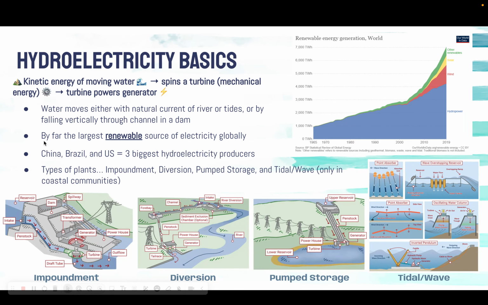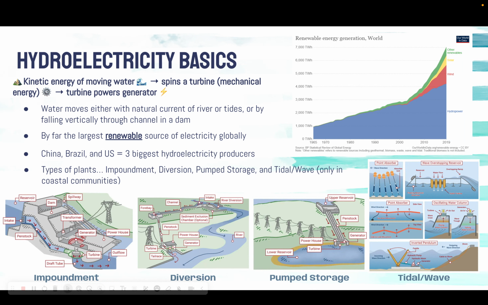But by far, it's the largest renewable source of electricity generation globally. And so we've invested a lot in engineering our hydroelectric power plants. And so that's a good thing.